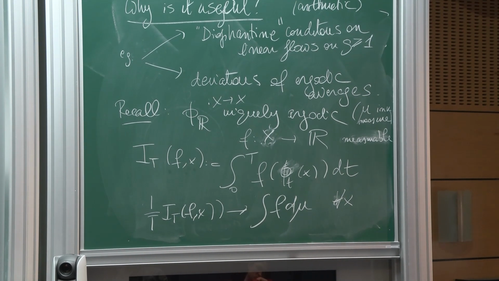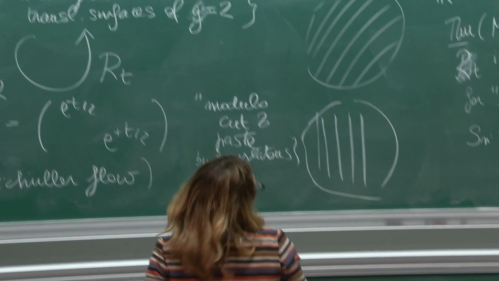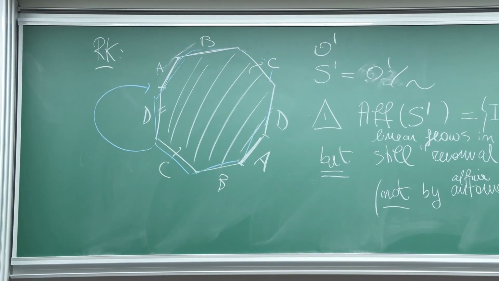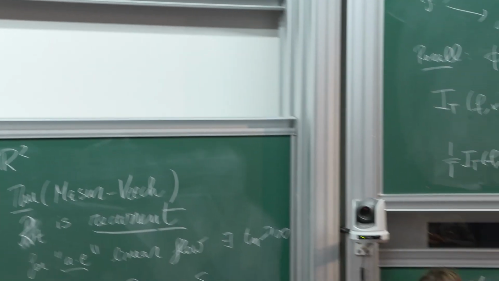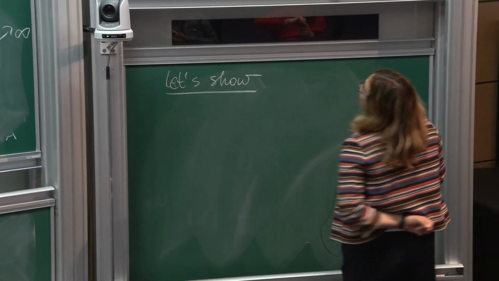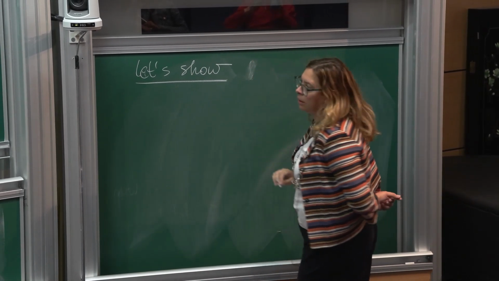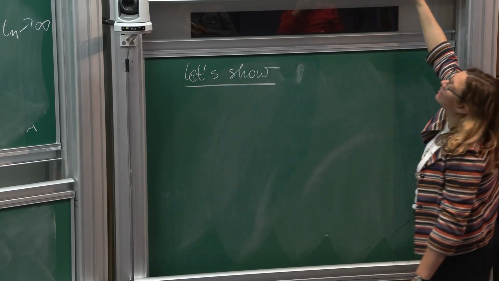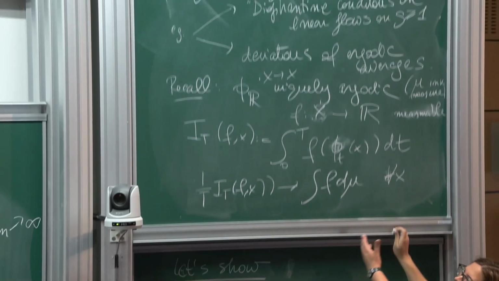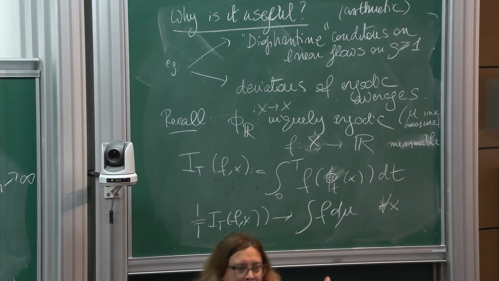What I want to show you today, as an example of application of renormalization, is this. I anticipated last week that often these ergodic integrals have polynomial behavior in parabolic dynamical systems.